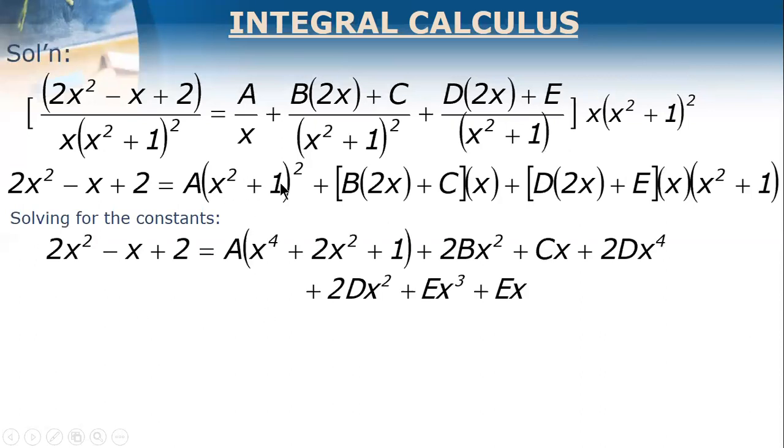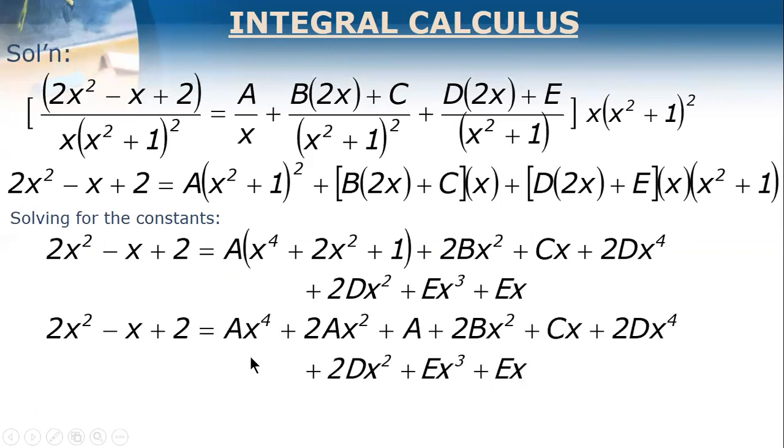So expand x squared plus 1 squared. This is the expansion. And then distribute the constants, one by one. So A x raised to 4, A times 2x squared, 2Ax squared, A times 1, you have A. B times 2x, that's 2Bx times x, that's 2Bx squared. And then Cx.